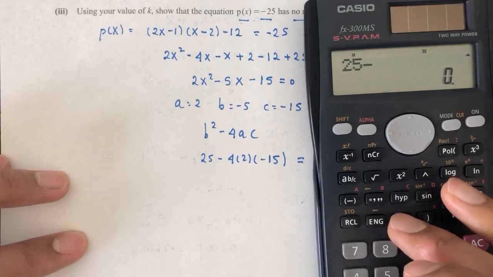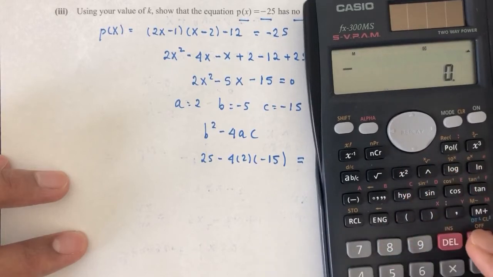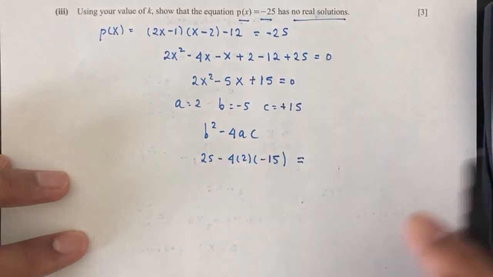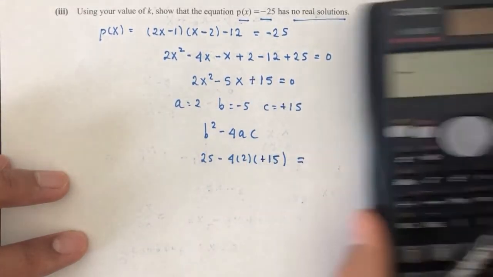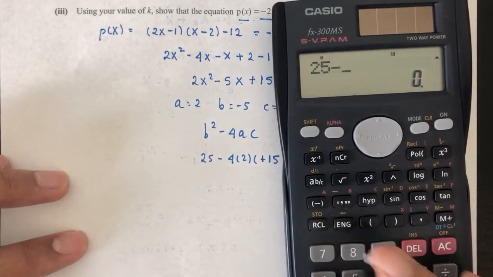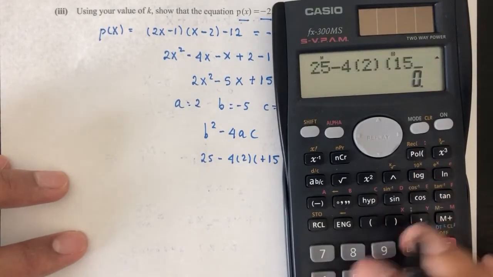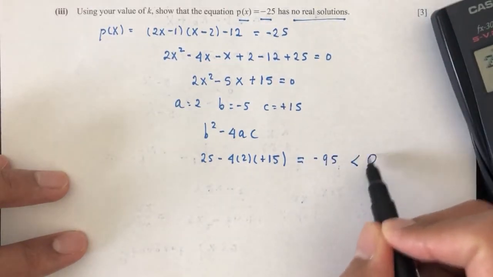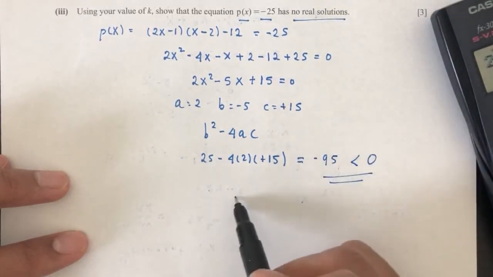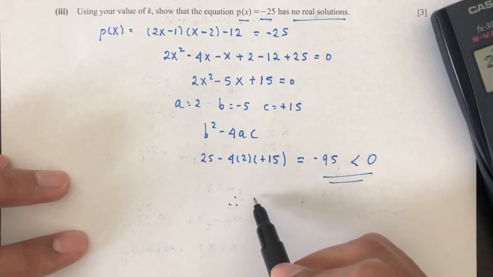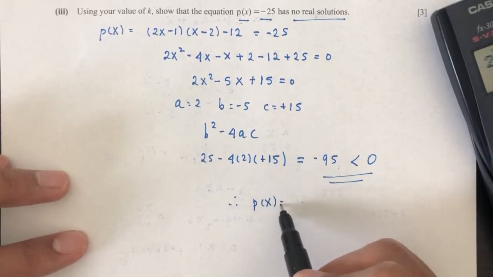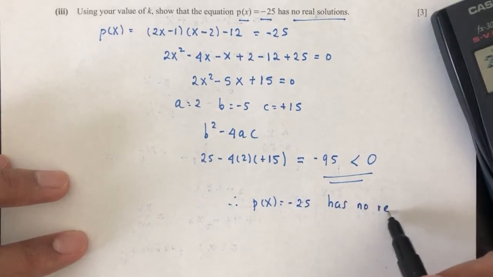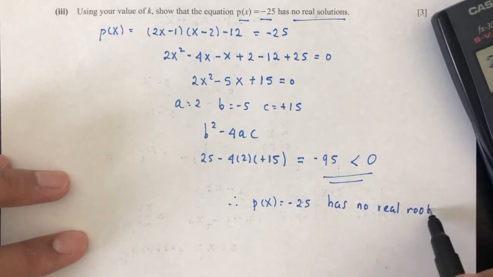Oh, it's plus. So I almost made a mistake here, so let's correct that. 25 minus 4 times 2 times minus 15. That should be minus 95, which is less than 0. So by proving this, this proves that p of x equal to minus 25 has no real roots.